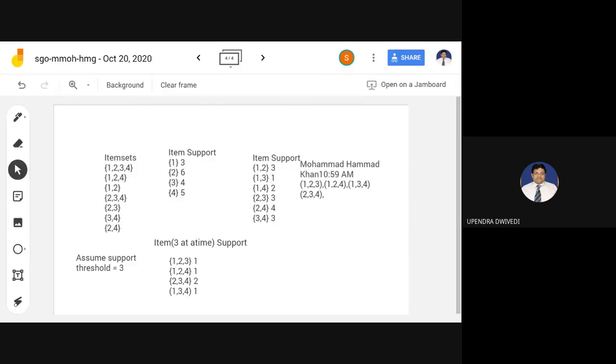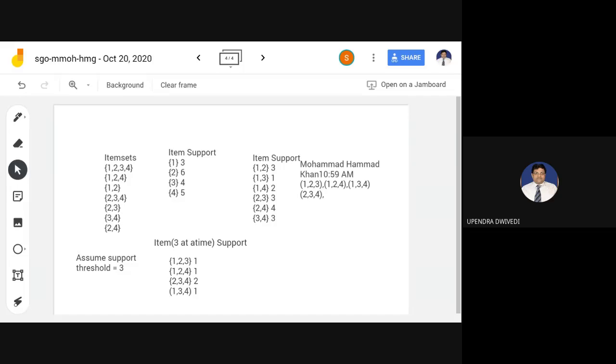What are these triplets representing here? All item sets here have a support less than 3, so they will not be considered as frequent item sets.